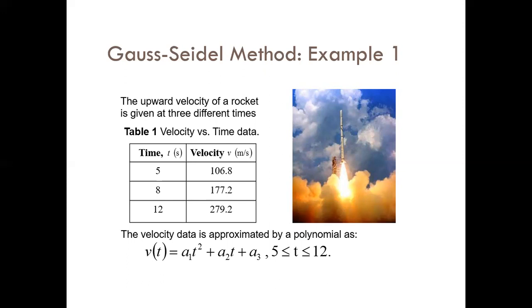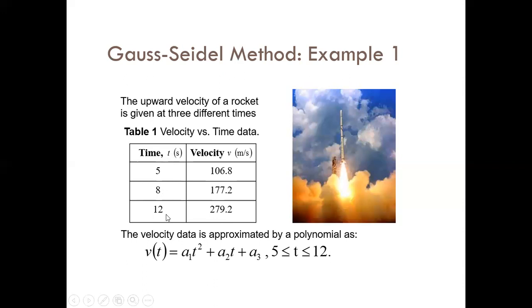The times are 5, 8 and 12 and velocities are 106.8, 177.2, 279.2. The velocity data is approximated by a polynomial equation, v of t, the velocity at time t, equal to a1 t square plus a2 t plus a3.